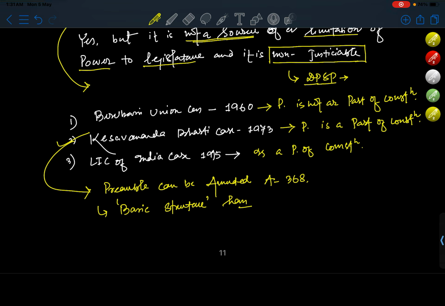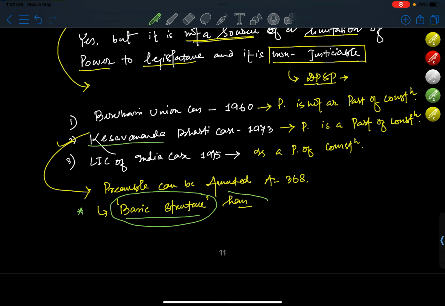So this basic structure thing is very, very important for our Indian Constitution, and also very important from your exam point of view. In the exam, a question may ask in which case the concept of basic structure arose. That is the Keshwanand Bharati case, 1973, will be the answer. So you should know this.